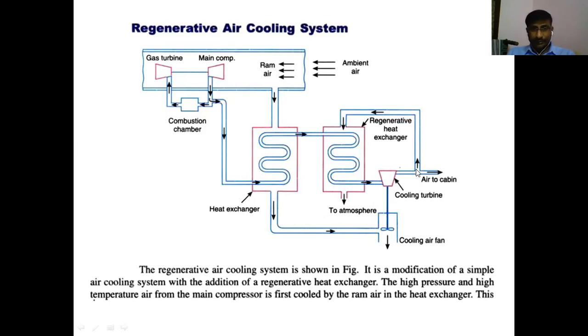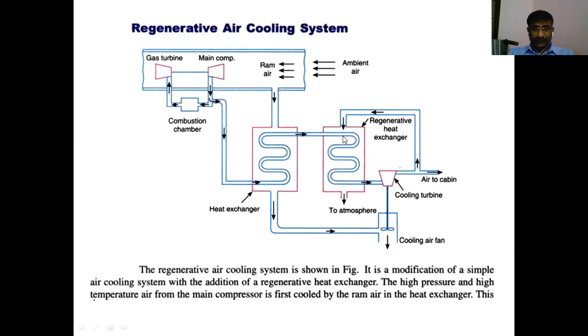In this, the cooling medium is taken from the air expanded from the cooling turbine. Okay, this is the only difference. The air is cooled in two stages: in the first heat exchanger, the cooling medium is ram air; in the second heat exchanger, the cooling medium is the cooled air, that is, expanded air from the cooling turbine.